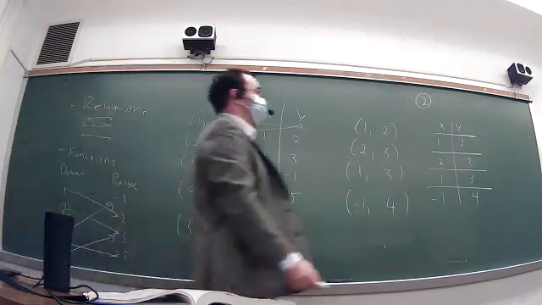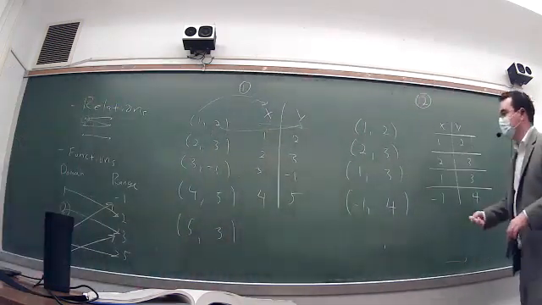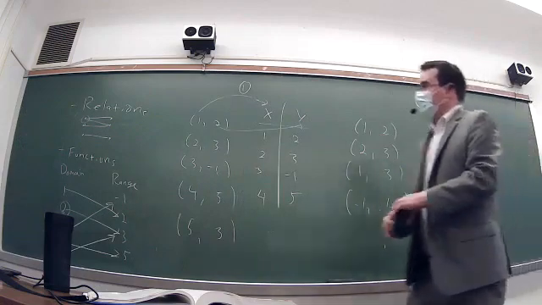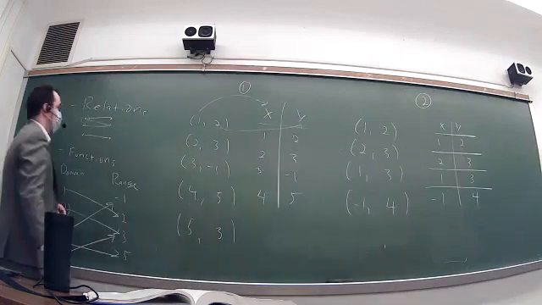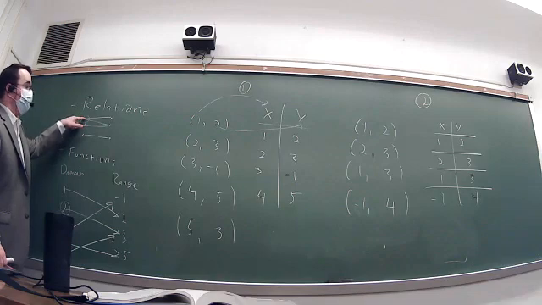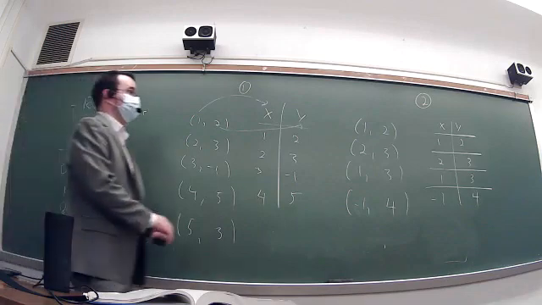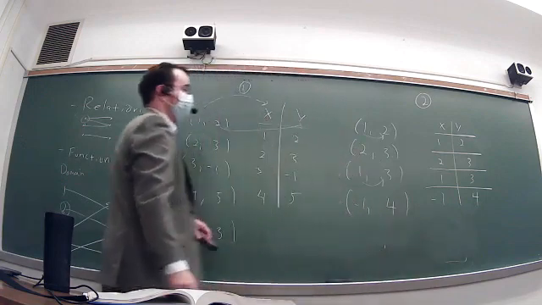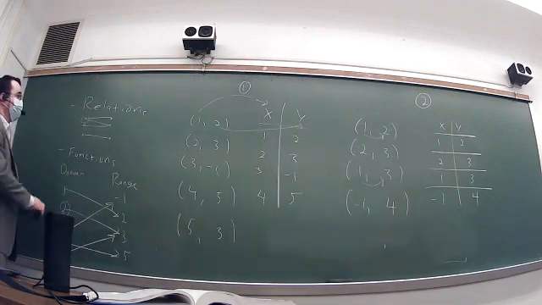So a relation is just any collection of coordinate pairs that defines how x and y are related to each other. But the difference is that in a relation, one x value can go to different y values. Like you've got 1 going to 2 and 1 going to 3. That's allowed for a relation, but it's not allowed for a function.